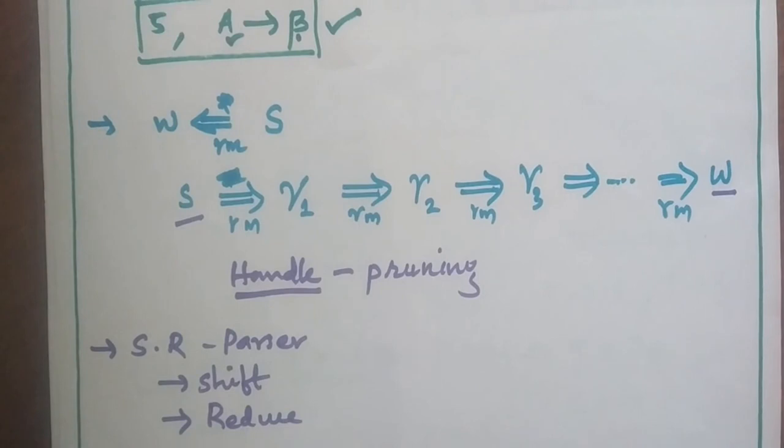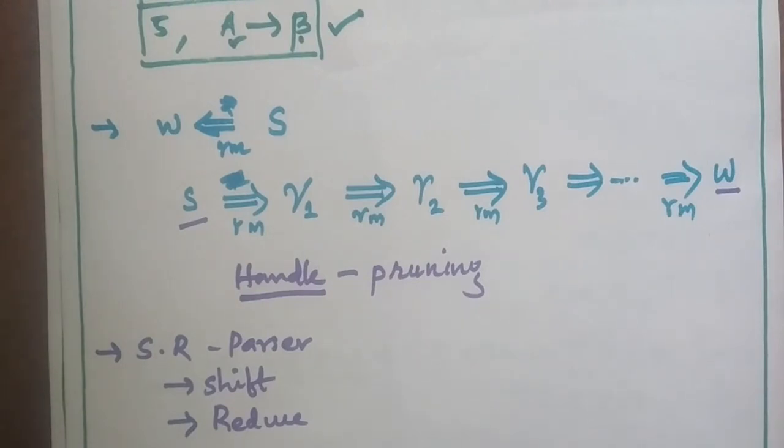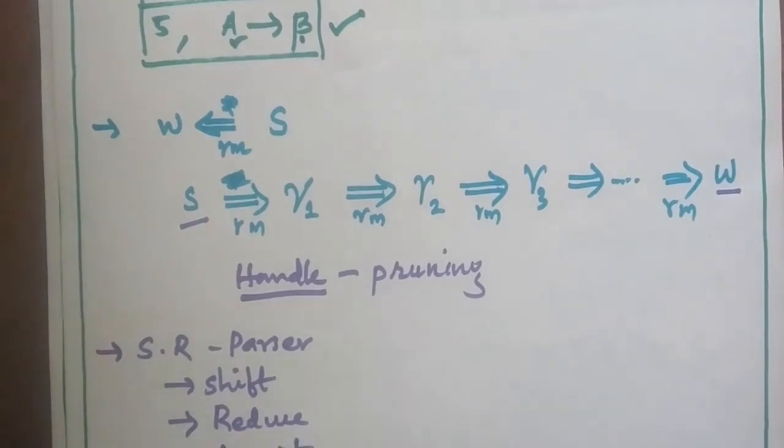So these are the two main operations of a shift reduce parser. By doing these two operations, we can reach the start symbol. When we start the derivation from the given string and finally reach the root, the shift reduce parser will tell accept. Accept is another action of the shift reduce parser if it is successful in constructing the parse tree.